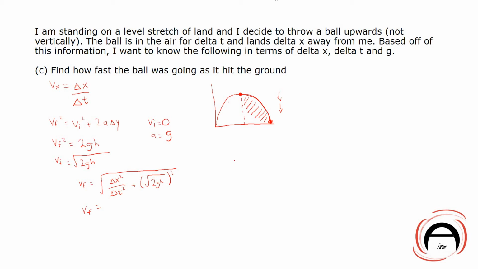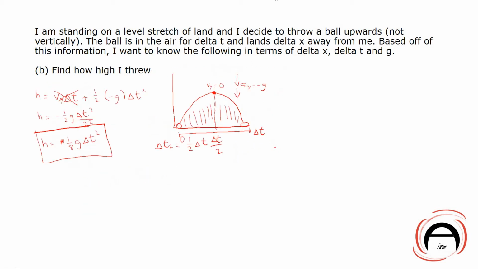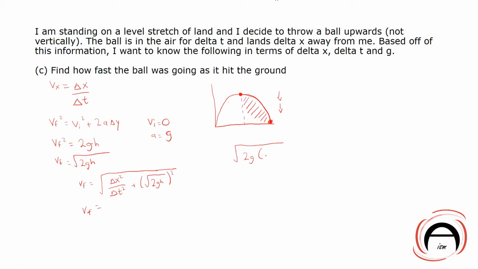So plugging in our h, the square root of 2g times h, which was 1/8 g delta t squared, you just get 1/4 g squared delta t squared, and the square root of that is going to be equal to 1/2 g delta t.